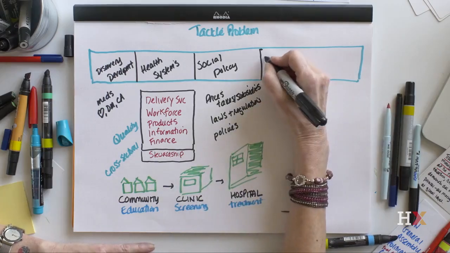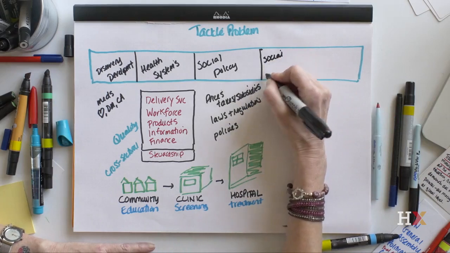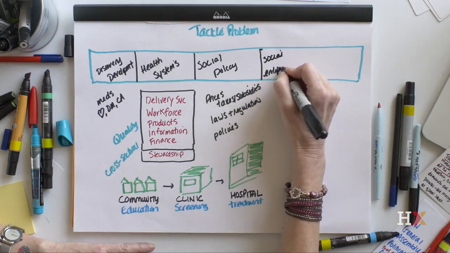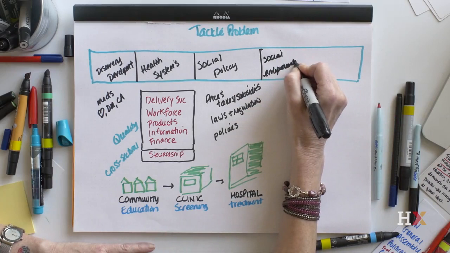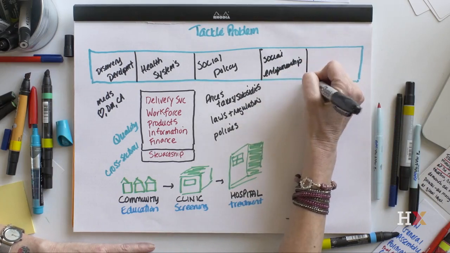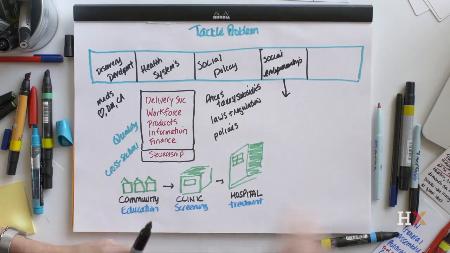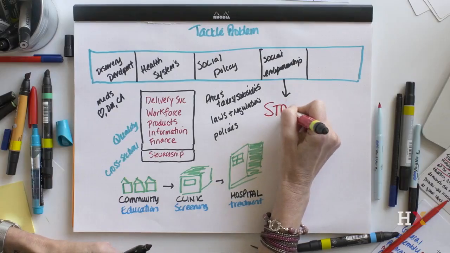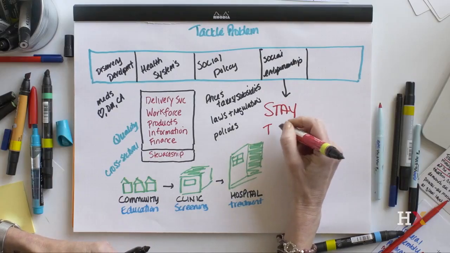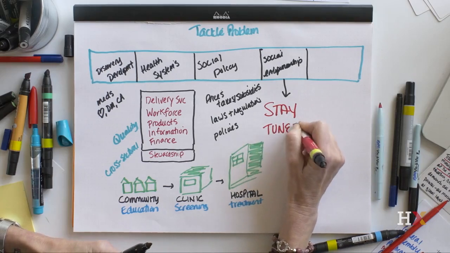The next category is social entrepreneurship. And here, I'm not going to talk much about this right now, and I'm going to just write in large red, stay tuned, because Tarun is going to talk about this.